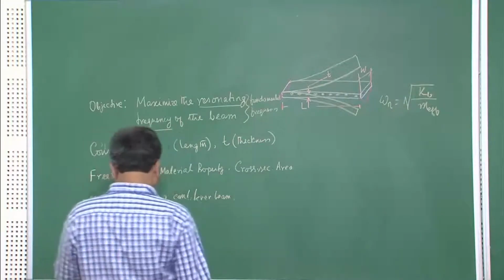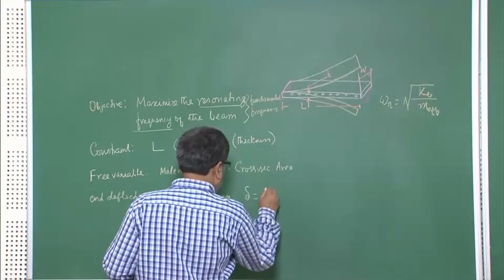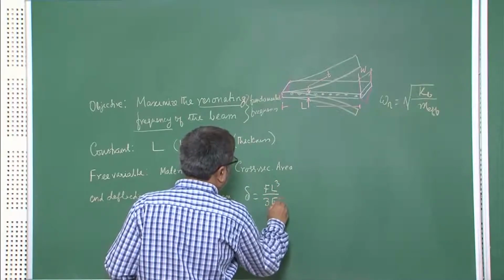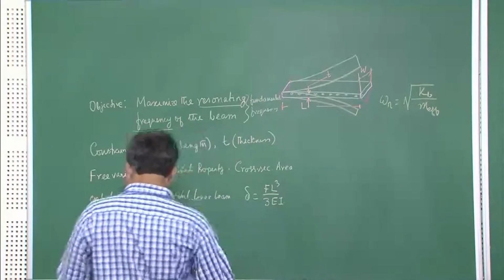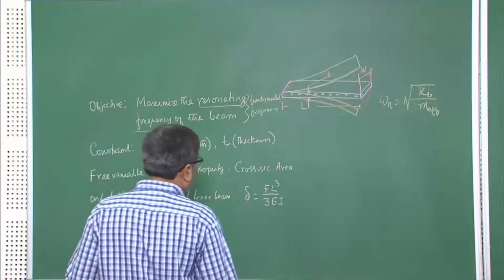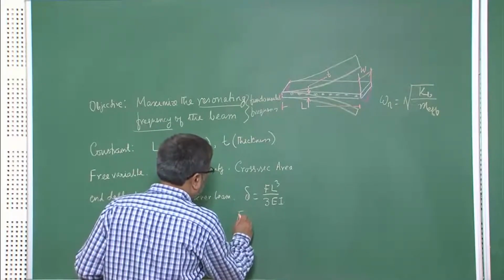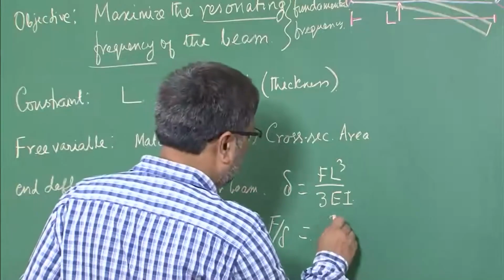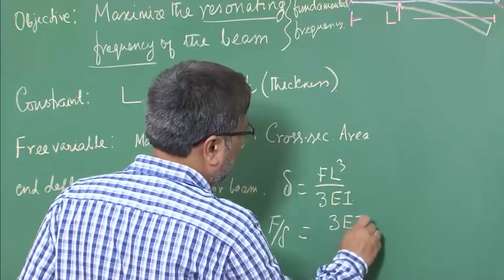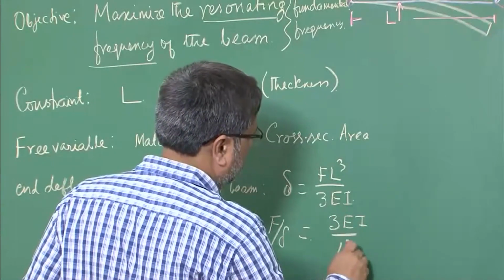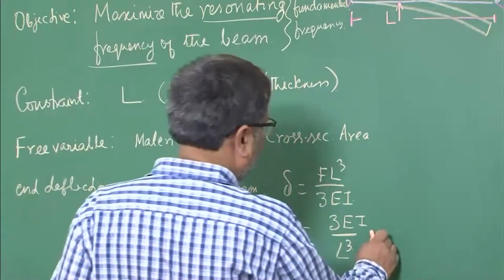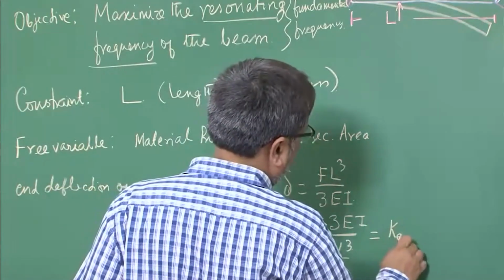We know that delta equals F L cube over 3 EI. In other words, I can write that F over delta is actually 3 EI over L cube. In fact, that is the K effective for us.